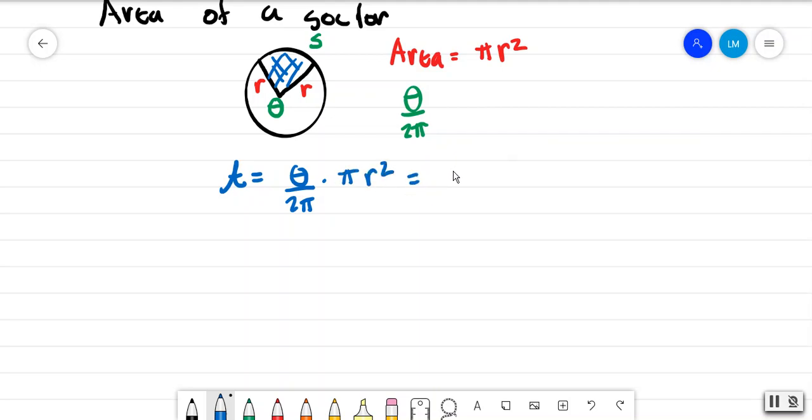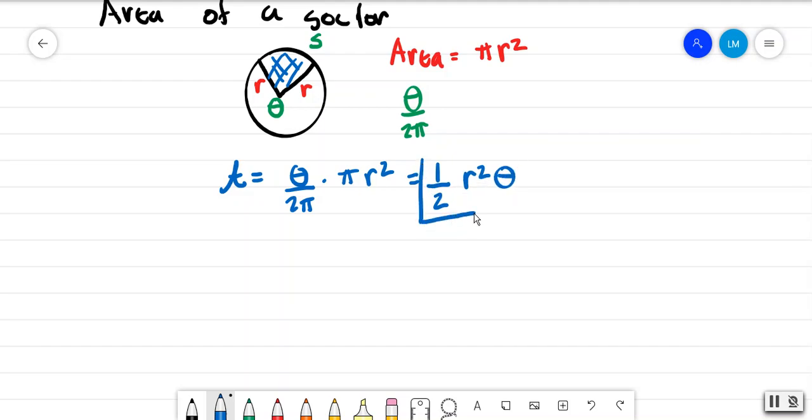The pi's cancel out and you're left with 1/2 r squared times theta.